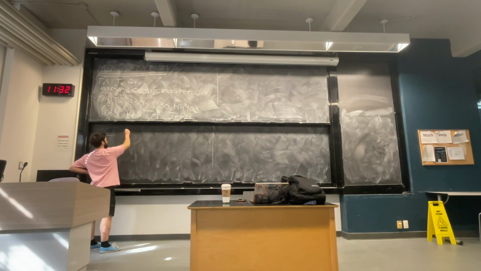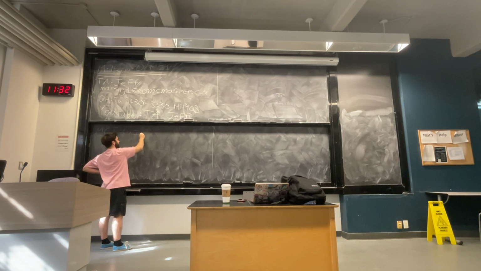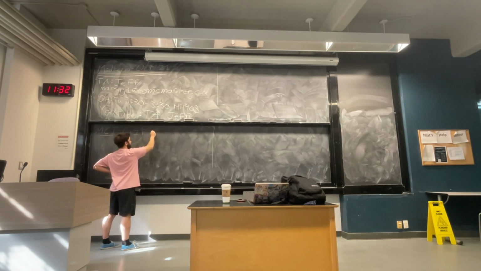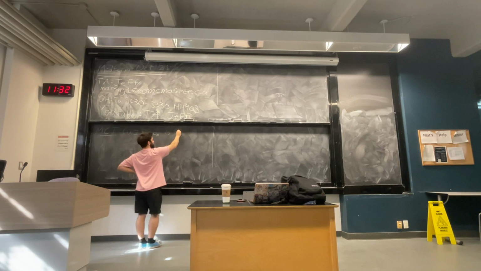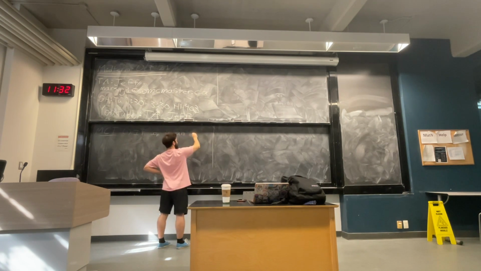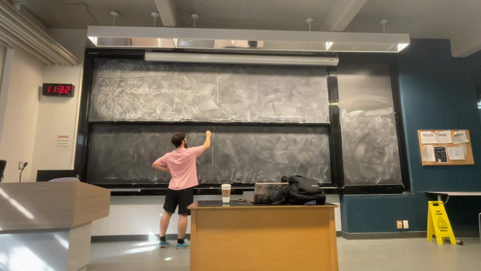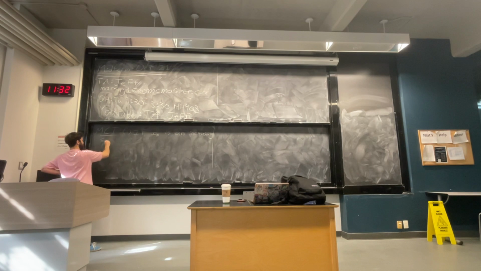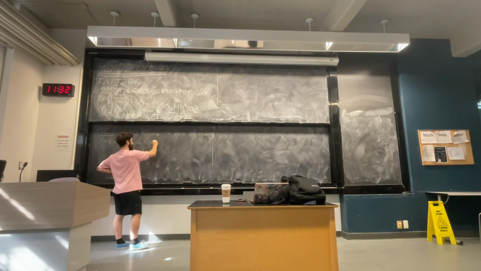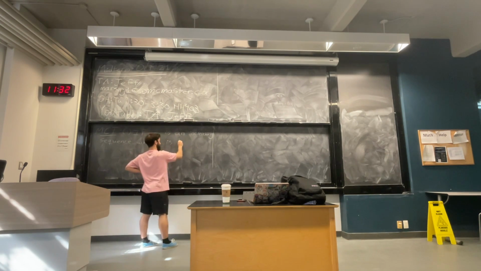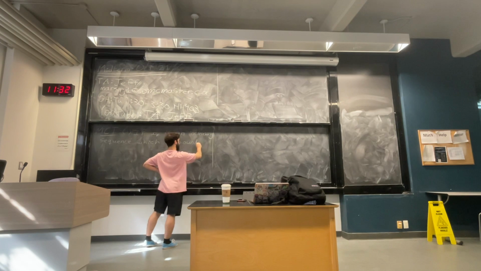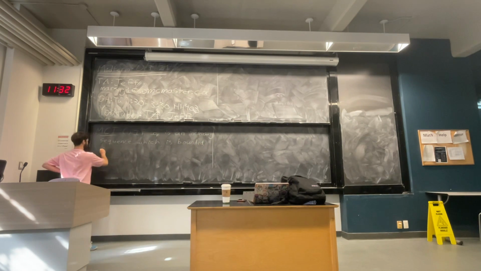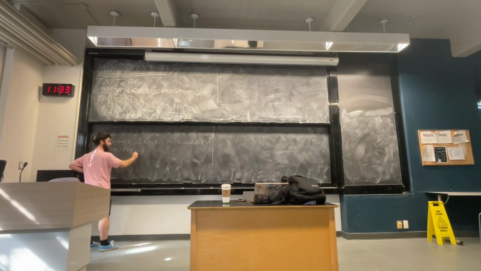So the first version would be if xn is an increasing sequence which is bounded above, then the limit exists.